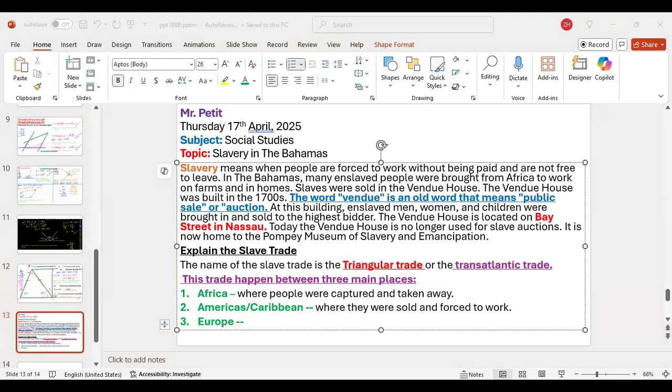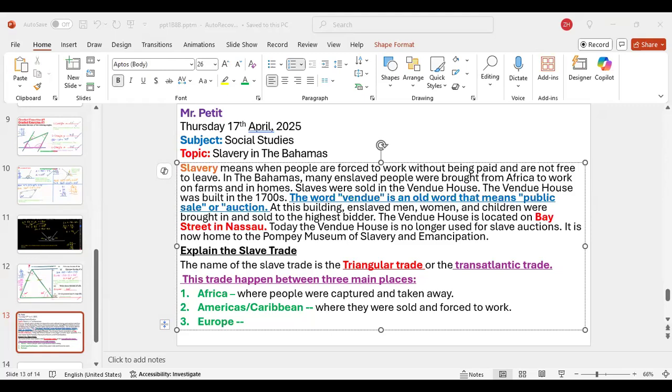So from Africa, you got the Africans. From America, you got the sugar, the tobacco, the cotton, and from Europe they would give guns, cloth, and other goods.